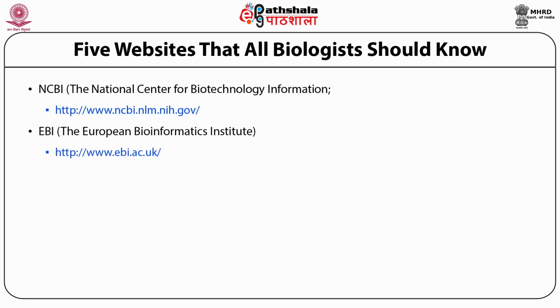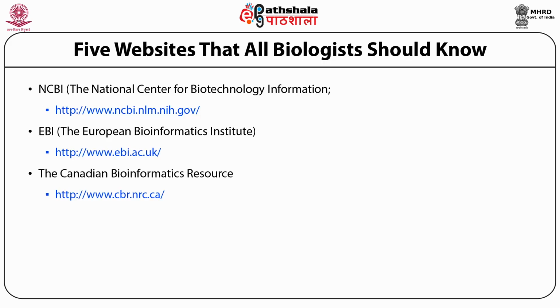Another is the EBI, the European Bioinformatics Institute, which also has information about genes and proteins. Moreover, it has a variety of tools for gene and protein sequence analysis, and of course to gather the information in a very well organized format.